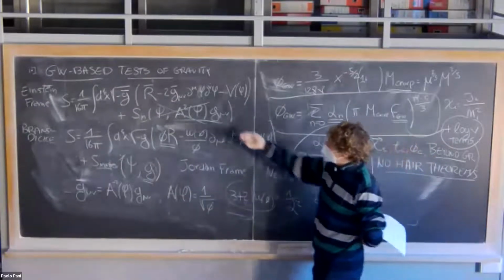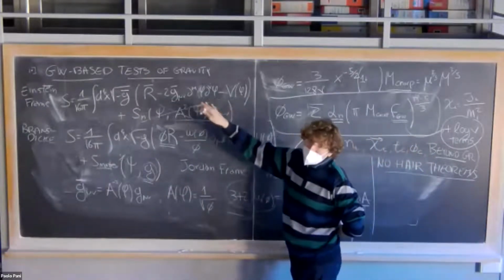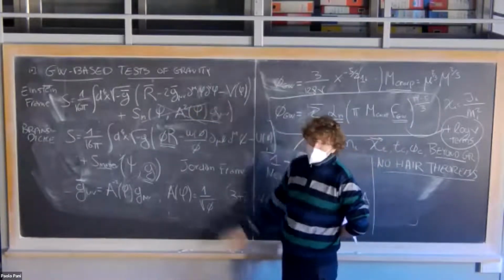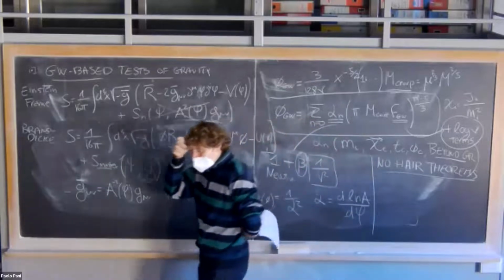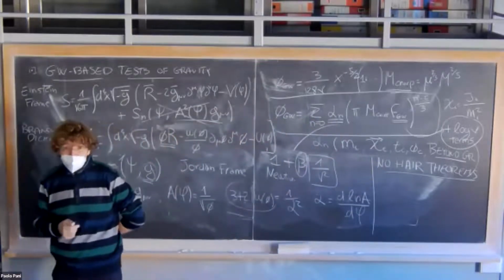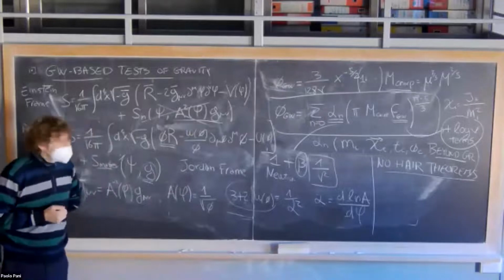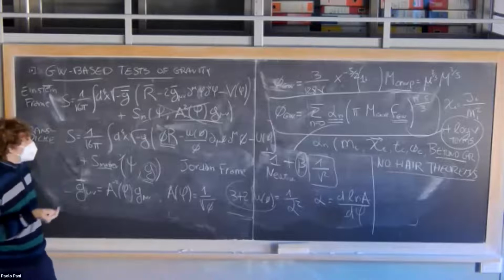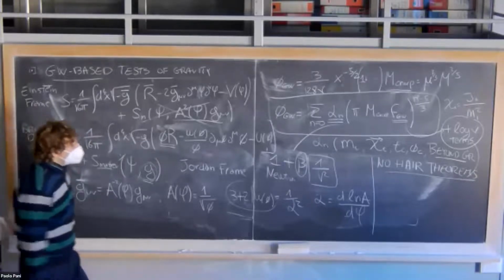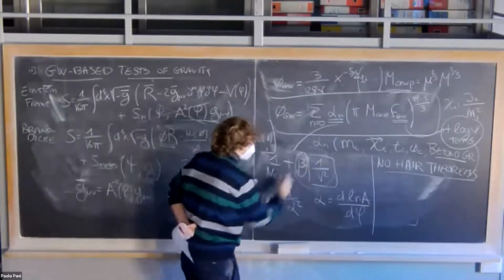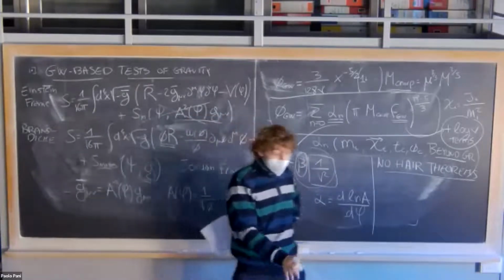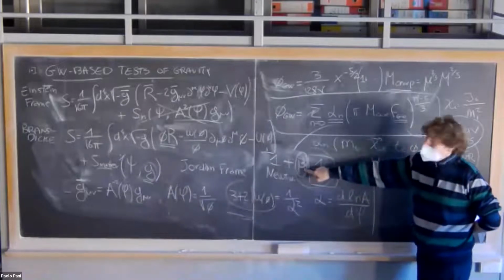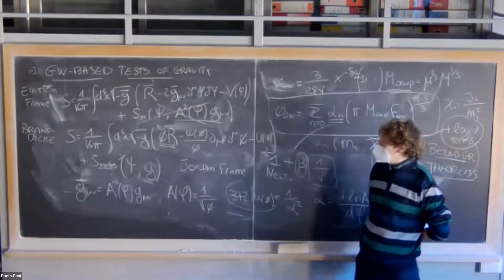In principle, they could have some quantity related to a scalar charge, so they could be sources for the scalar field. But it so happens that in many of these scalar tensor theories, this does not occur. Which unfortunately means that for black hole binaries in these theories, this dipolar emission is exactly zero. So there is no dipolar emission, not because the effect is not present, just because this beta is zero, because the scalar charge of black holes is zero.